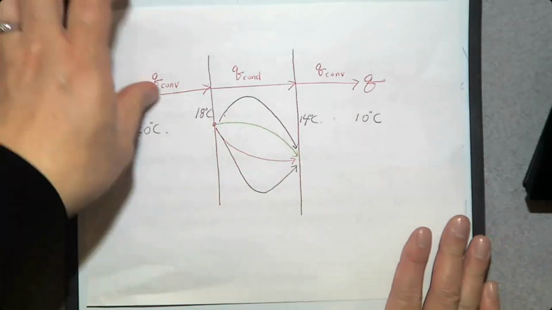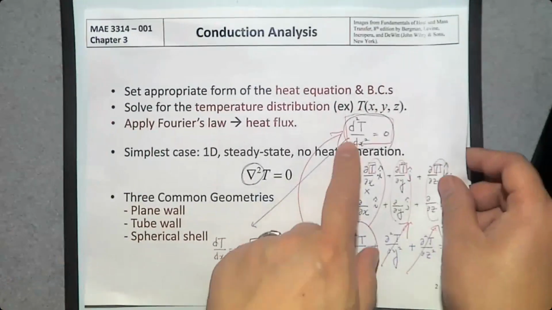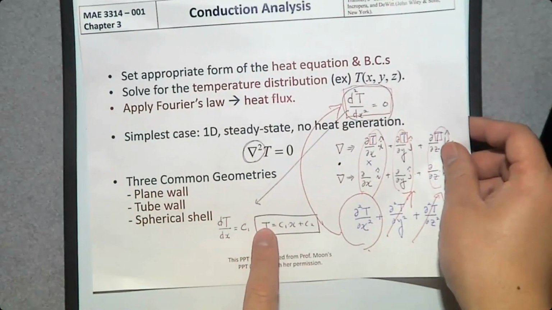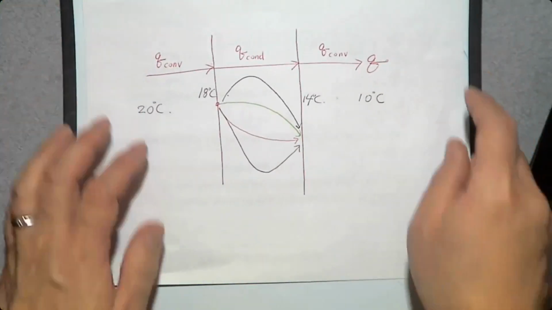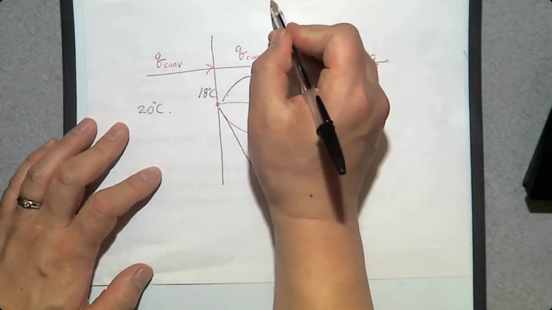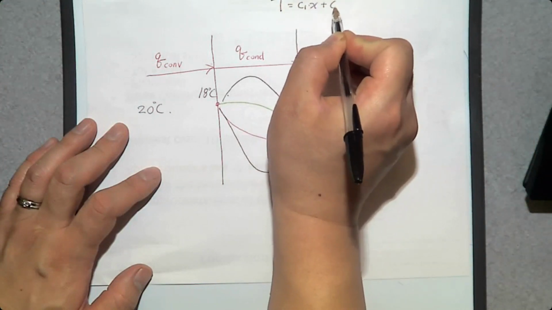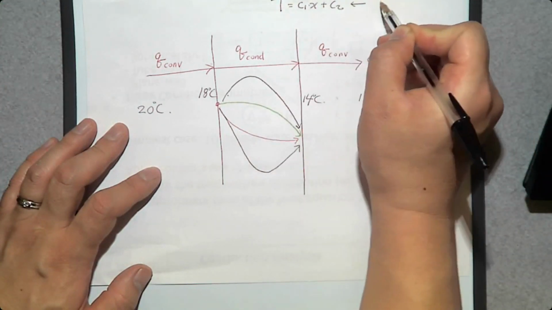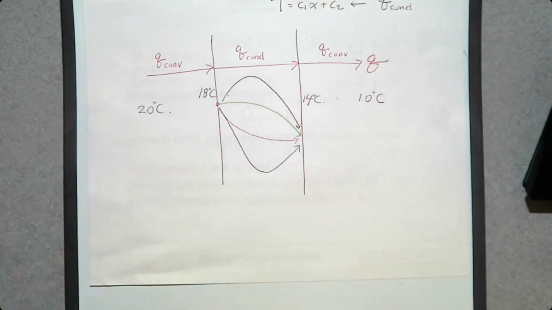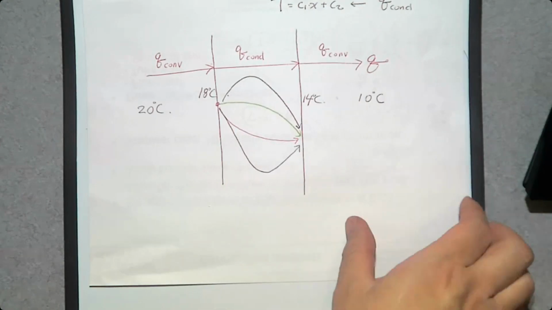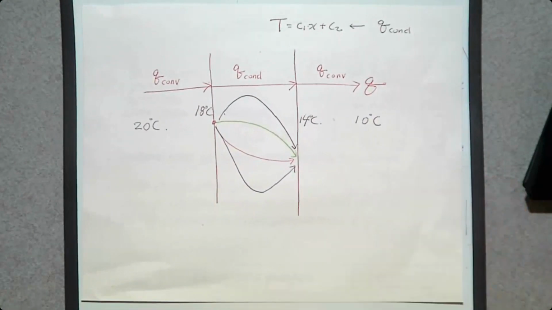We know because our governing equation is this one. T is C1x plus C2. According to the heat equation, T should be C1x plus C2 when it is Q by conduction. What is T?